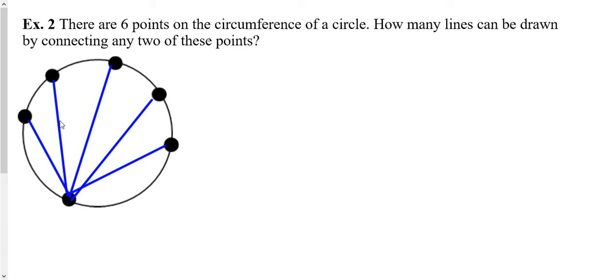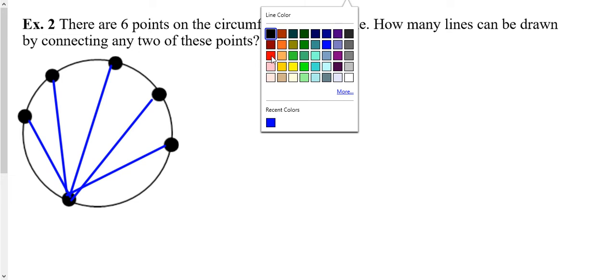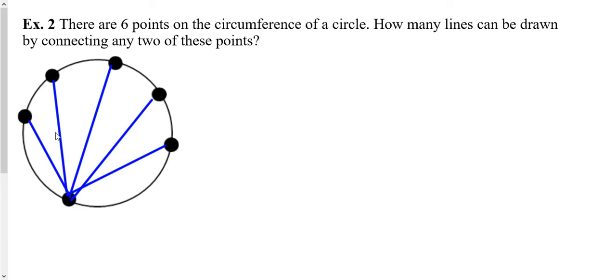In this case, I have 1, 2, 3, 4, 5 lines already. Then if I continue, I'll pick a different color. You don't want to overlap, and you don't want to redraw the same lines.